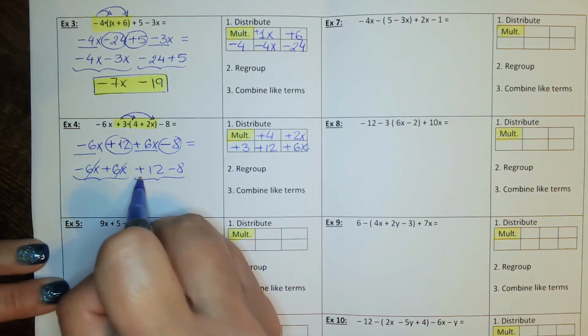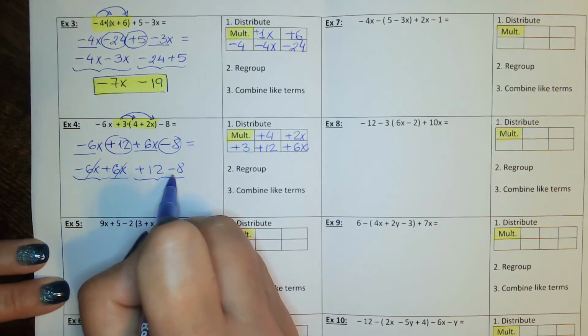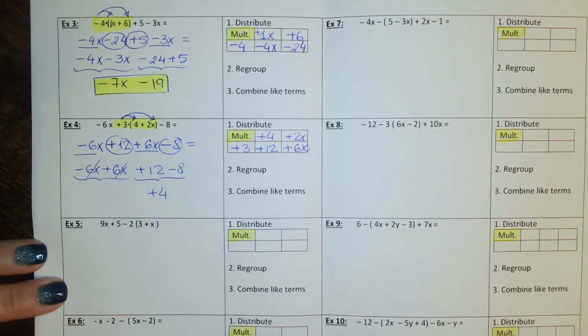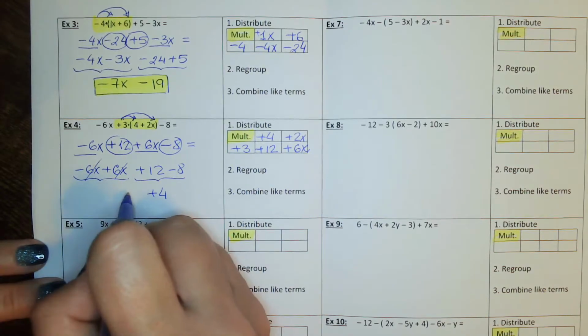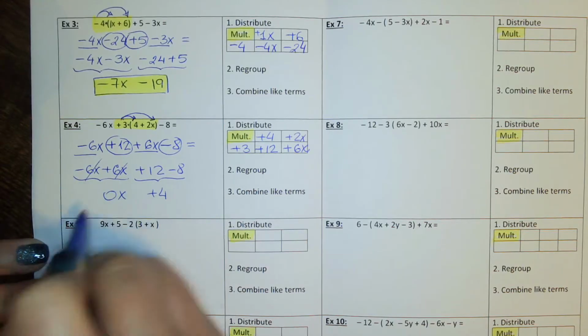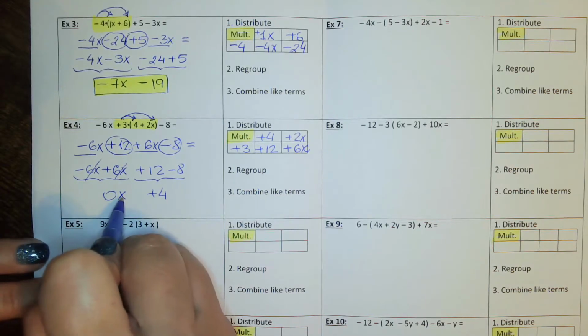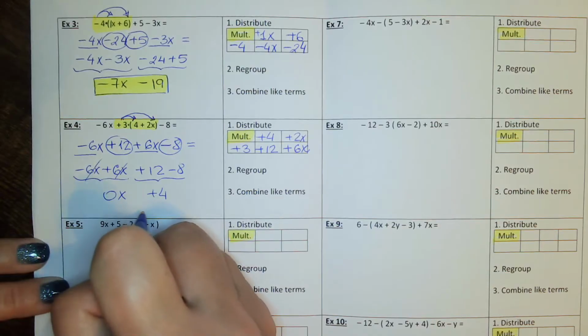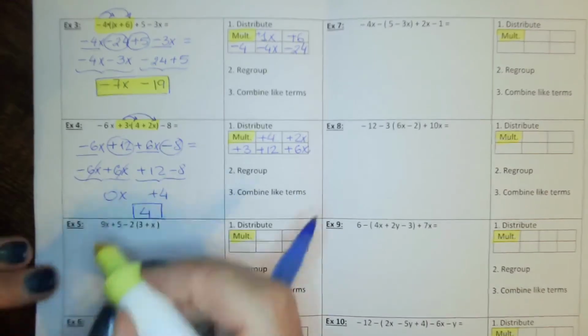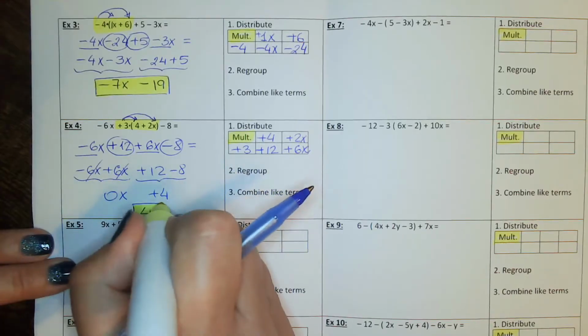We have positive and negative, subtract, and keep the sign of the bigger number. So here's your final answer, just 4. Because 0x, 0 times any number is still 0. 0 plus 4 equals 4. Final answer.